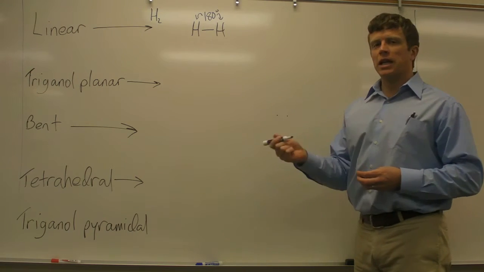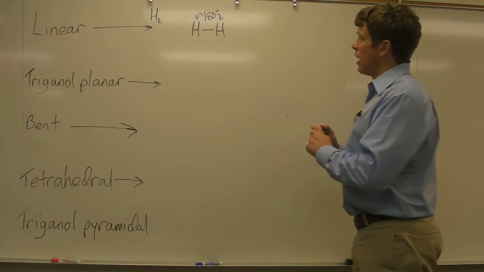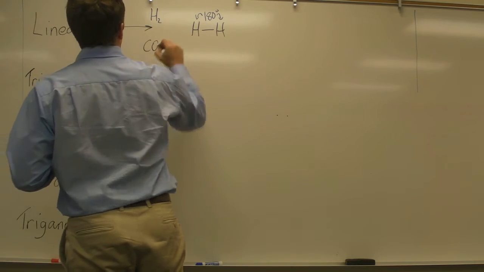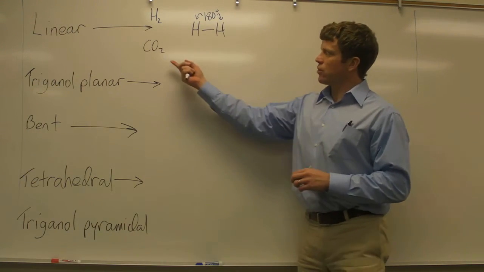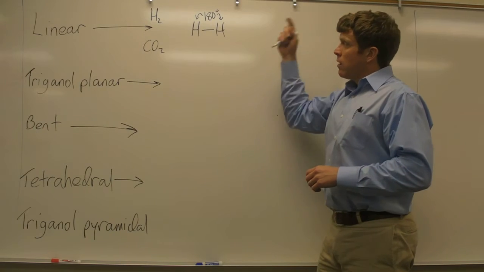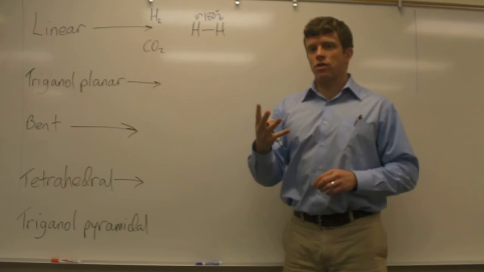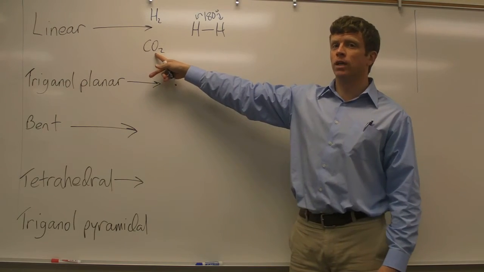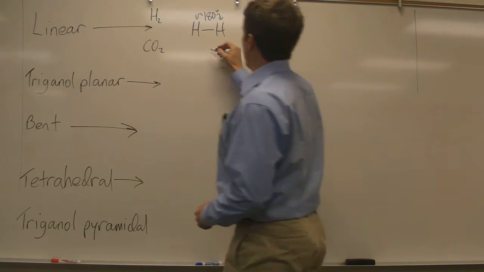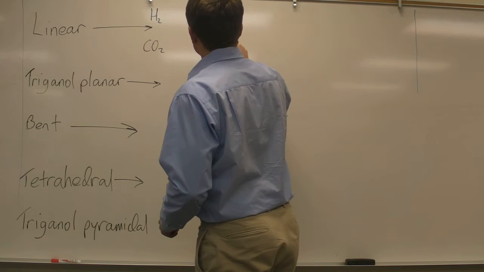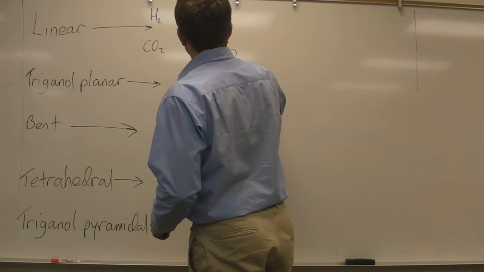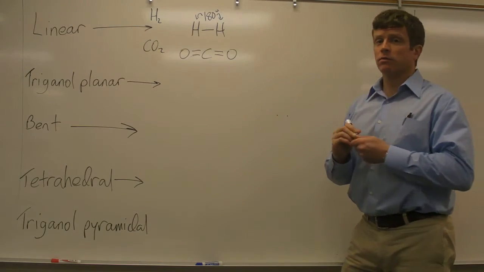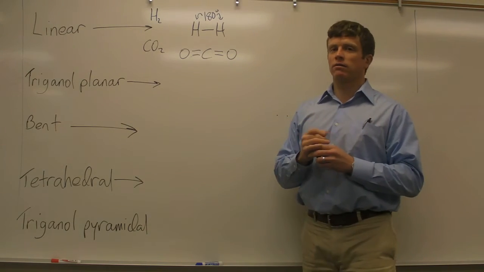Another example of a linear molecule would be CO2. Carbon dioxide, or CO2: carbon has 4 electrons in its valence shell, so it's going to make 4 bonds, and each oxygen makes 2. So we're going to have carbon as the central atom, and then each oxygen coming off it this way.